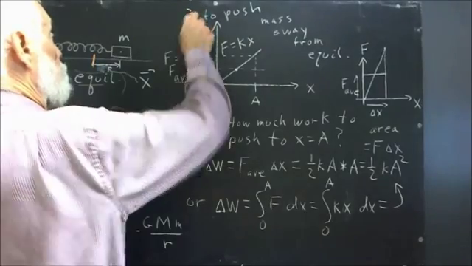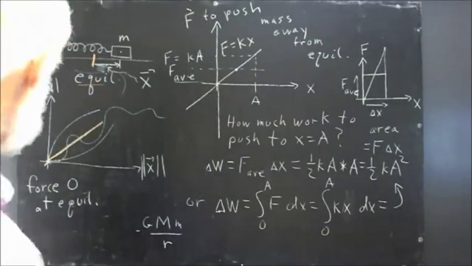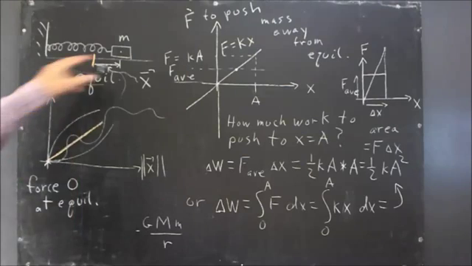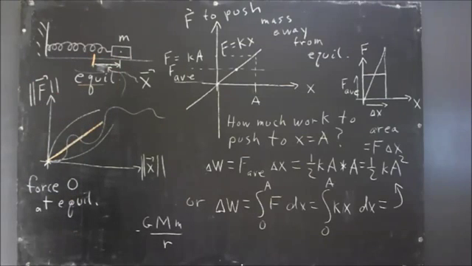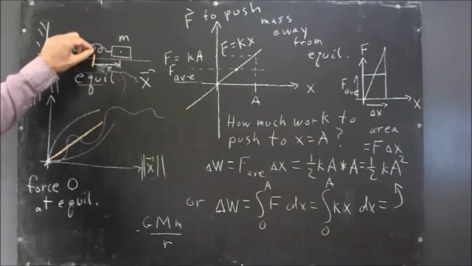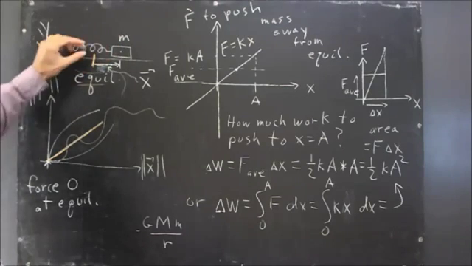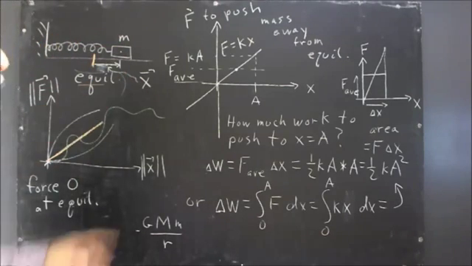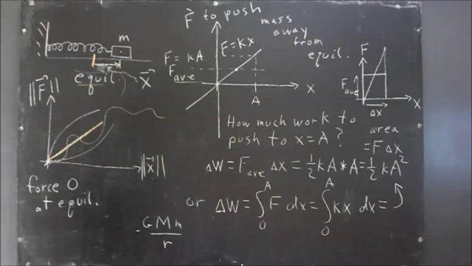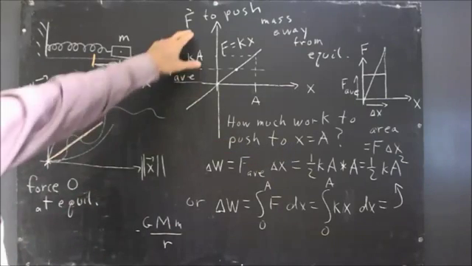Now we imagine, because we want to look at the energy associated with this system, that we push the mass from here to here. Just push it slowly. We've got to exert a force in this direction. I should be more specific.